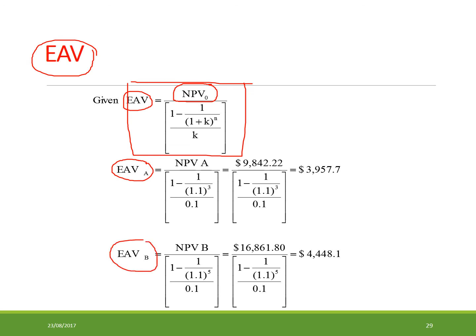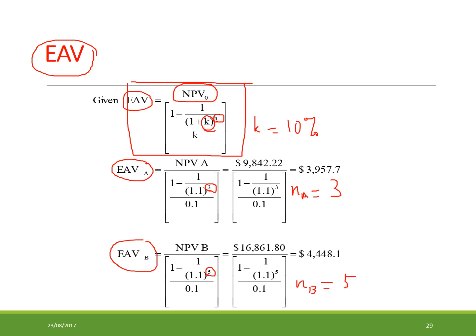So applying the formula here, our required rate of return, K, is the same for two projects, 10%. N is the number of cash flows in each of the projects. So project A has 3 cash flows, so N here is 3. Project B has 5 cash flows, and therefore N here is 5.